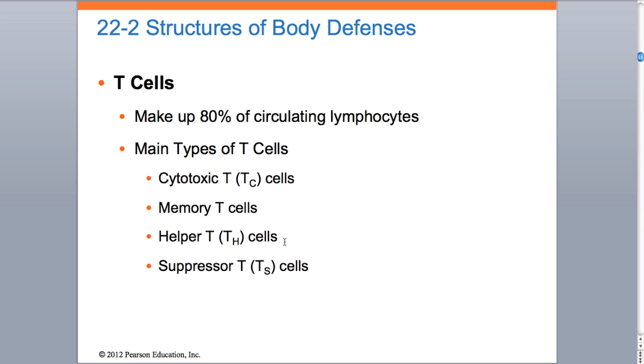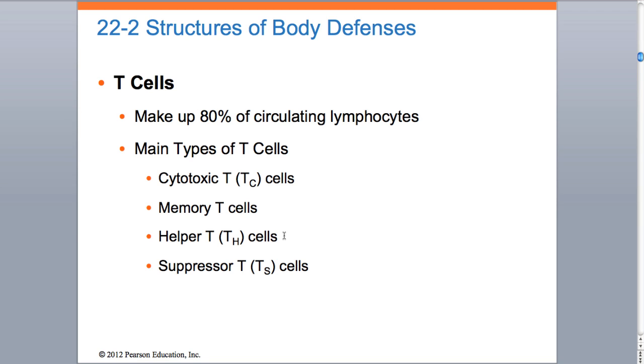Next, helper cells or helper T cells. The helper T cells are the ones that play a supportive role. Their job is to link the levels 1, 2, 3, 4 that we're making in the chart. There's a nice picture later in our chapter showing you that the helper T cell is the one that connects levels 1, 2, 3, 4 and puts them all together. So it's the interconnecting of the different levels.